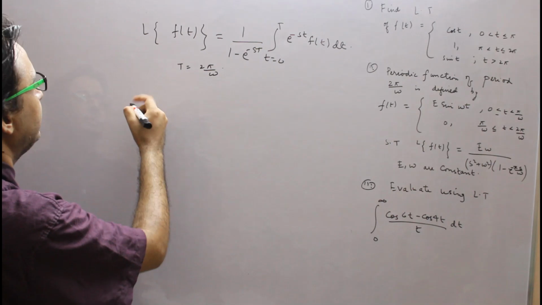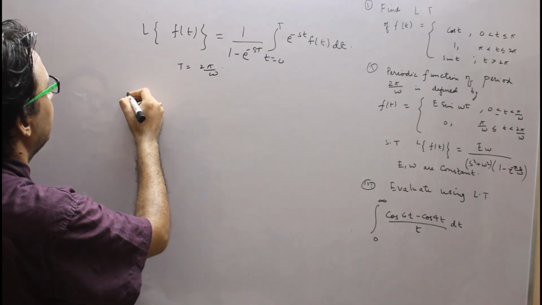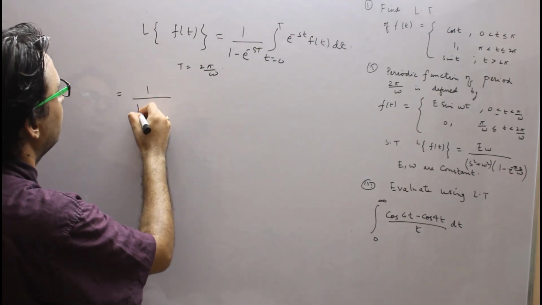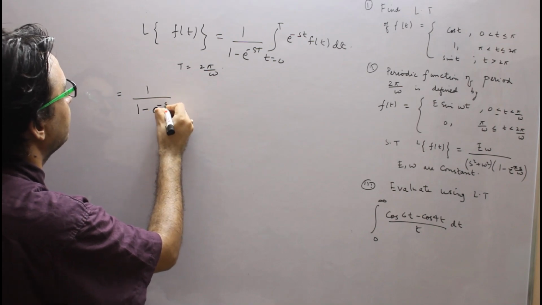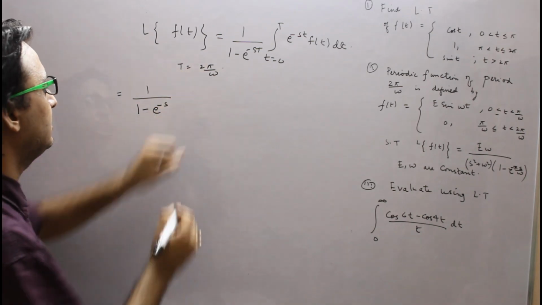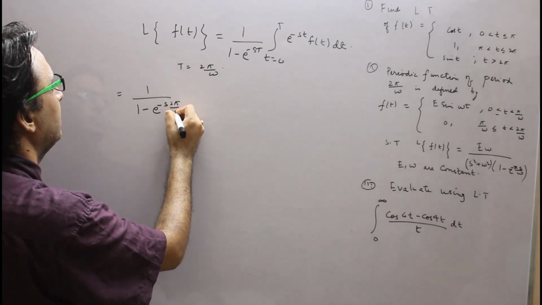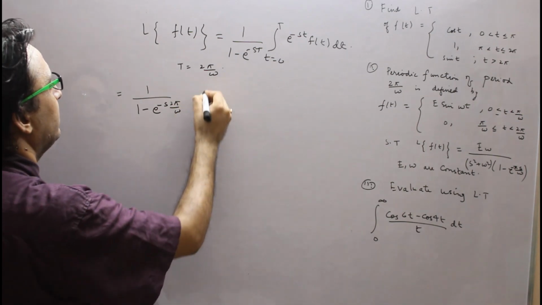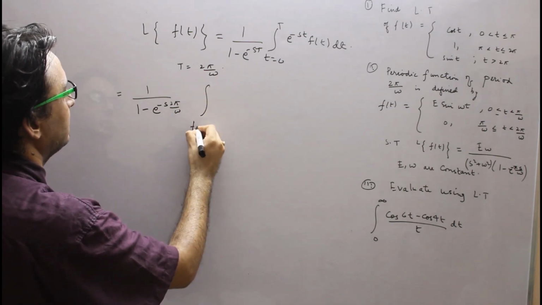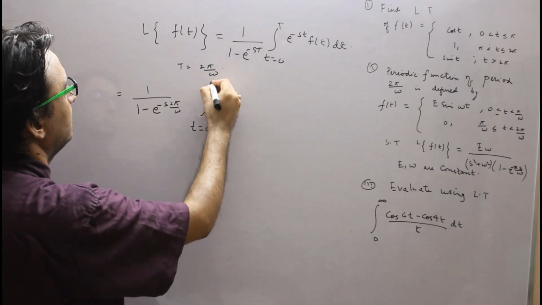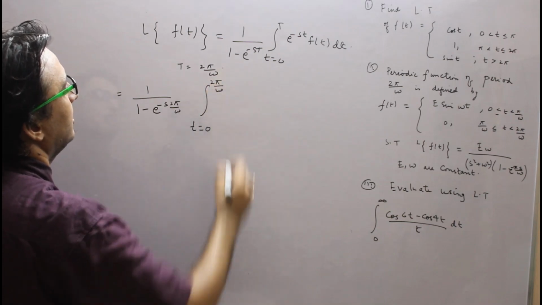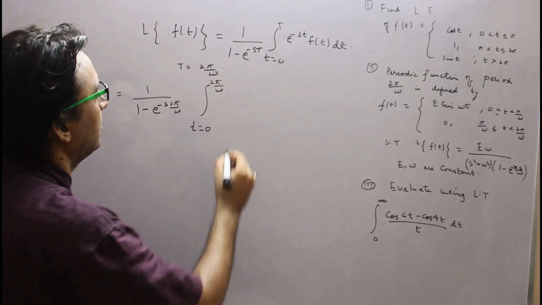So we can write it like this as 1 by 1 minus e to the power minus s, what is our capital T? That is the period, 2 pi by omega. And what is this transform? Integral t is equal to 0 to 2 pi by omega. And what is the function?